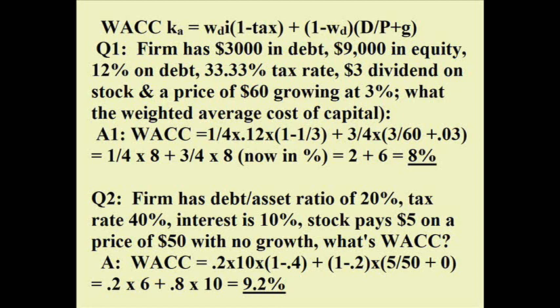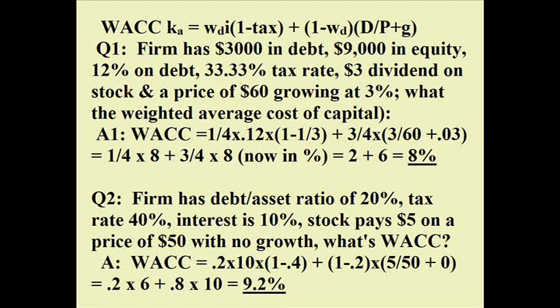First example: a firm has $3,000 in debt, $9,000 in equity, 12% on debt, 1/3 tax rate, a $3 dividend on a stock with a price of 60, growing at 3%. You want it to be a marketing major? Remember, you're going to be paid for this. What is the weighted average cost of capital? Well, with 3 in debt, 9 in equity, the total's 12, so it's 1/4 and 3/4 weights.